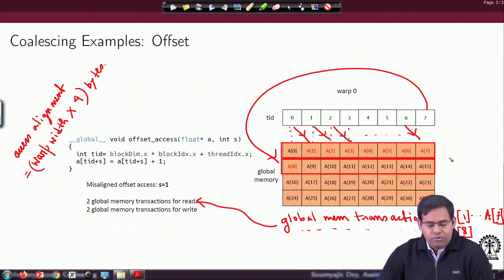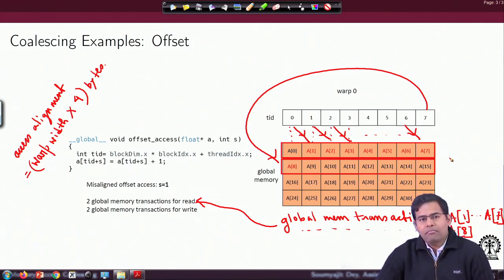So overall I would have 2 different global memory transactions for the read operation, and again 2 different global memory transactions for the write operation. Of course, the offset may be required, depending on the desirable property of the program. If this is what you really want as your access pattern, then you have the following problem.